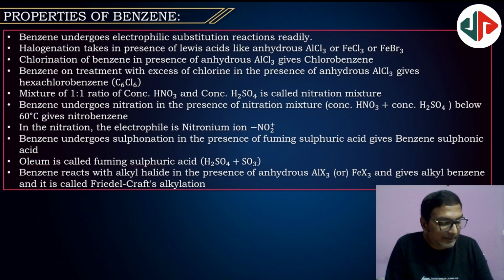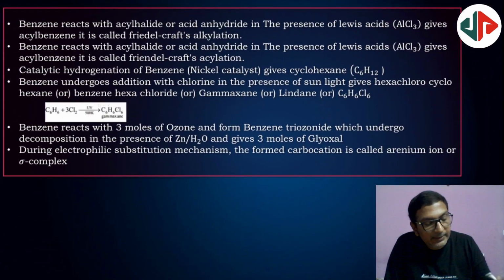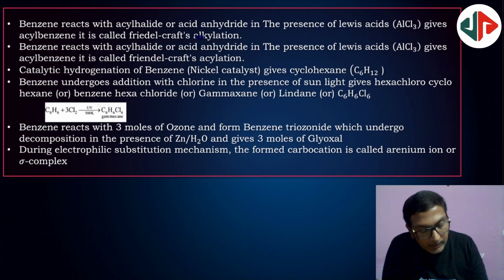Next, Friedel-Crafts alkylation. Benzene reacts with alkyl halide in the presence of AlCl3 to form alkyl benzenes. Similarly, benzene reacts with acyl halides in the presence of Lewis acids in the Friedel-Crafts acylation reaction. Here, acylation should be there.